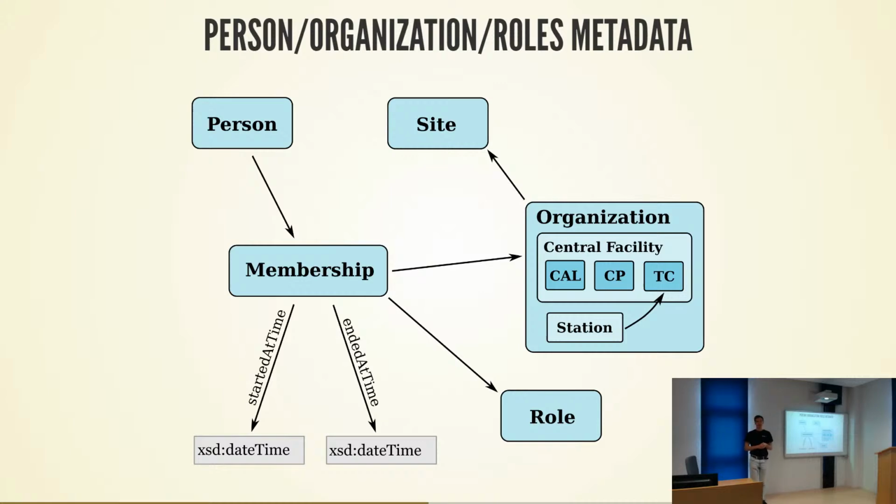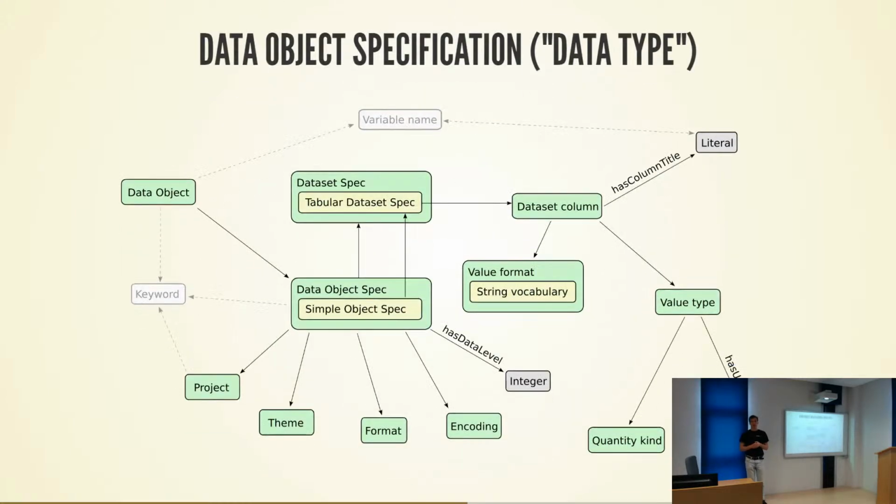If we go further down, another aspect of the metadata is the content of the data object as such. Of course the data object can be just stored as a block of data which has very little metadata associated with it, but it becomes especially useful if you actually describe what the content is.